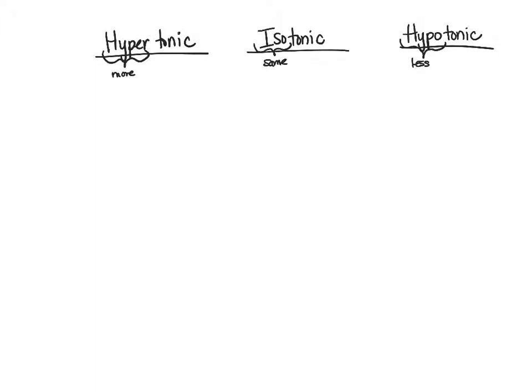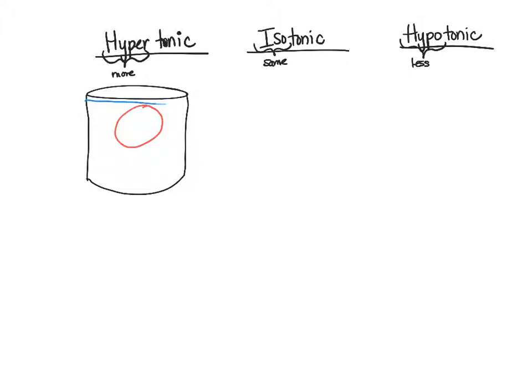And when we're talking about tonic, we're talking about the tonicity of something, meaning basically the contents of something, without getting into the terminology there. So for example, let's bring this back to our cells. If we talk about an animal cell, let's talk about a blood cell. We have our blood cell, and we put it into a solution.